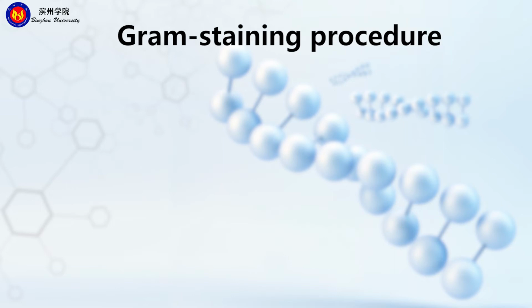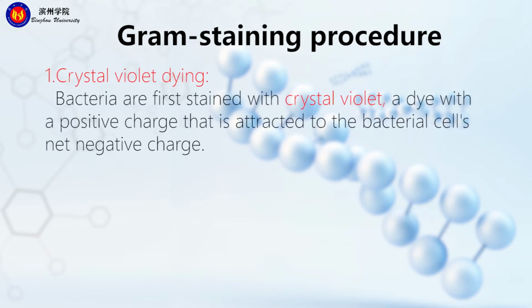So let's see the Gram-staining procedure. The first step is crystal violet dyeing. Bacteria are first stained with crystal violet. It is a dye with a positive charge that is attracted to the bacterial cell's net negative charge.